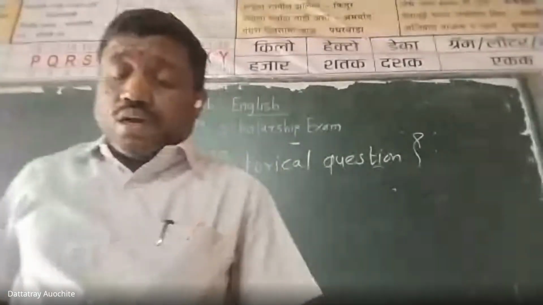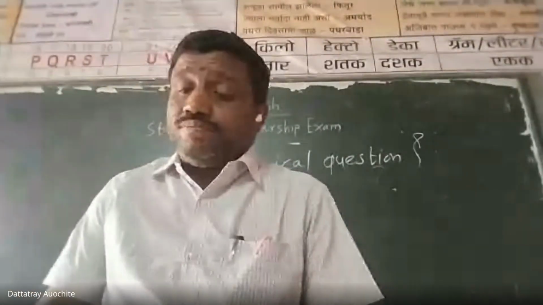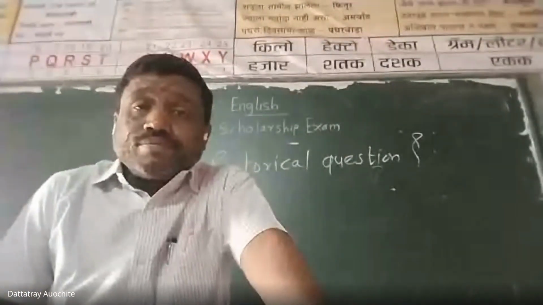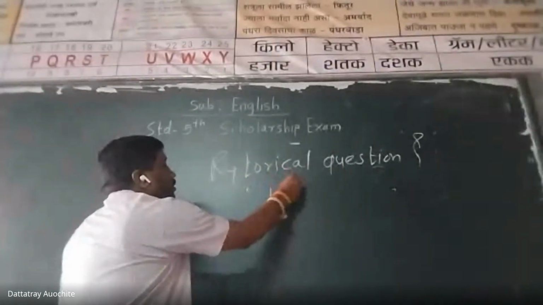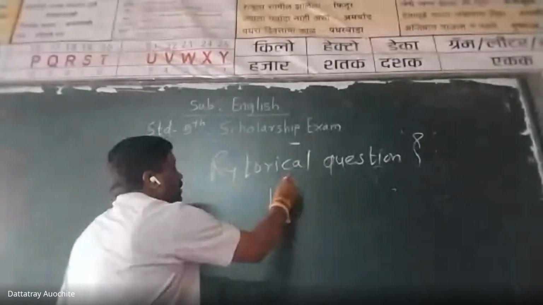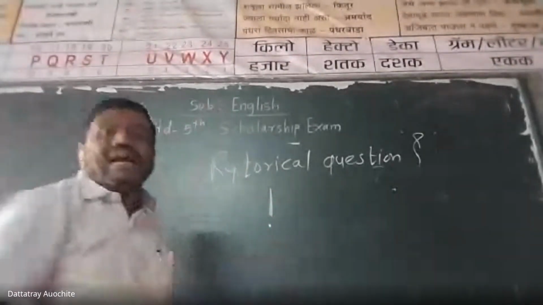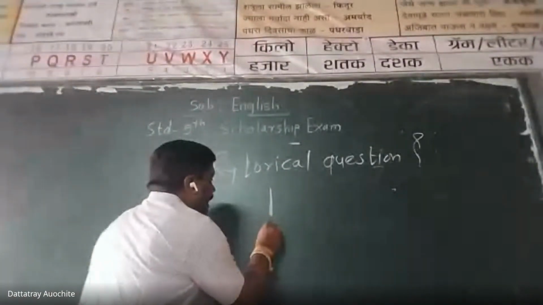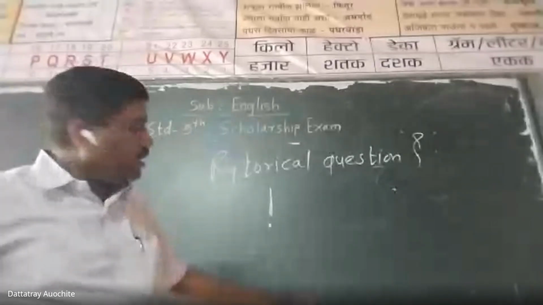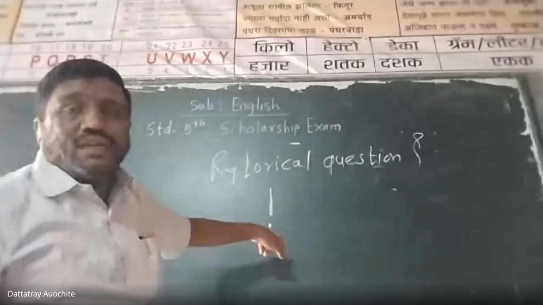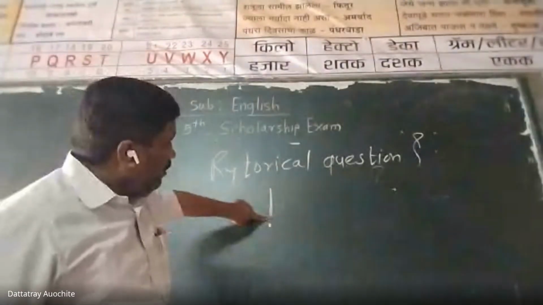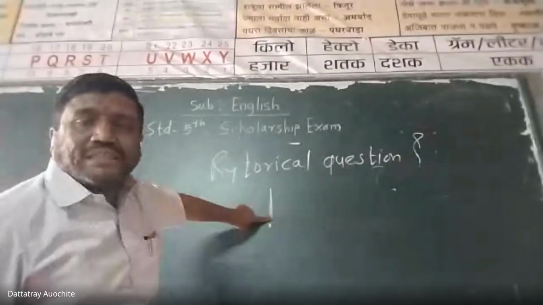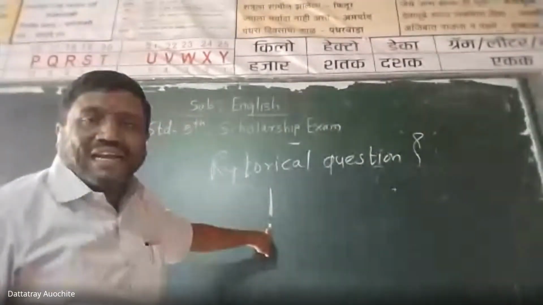Another punctuation mark is the exclamation mark. I would show it like this: a vertical line here, and at the bottom of that vertical line, leaving some space, again a sign like a full stop.